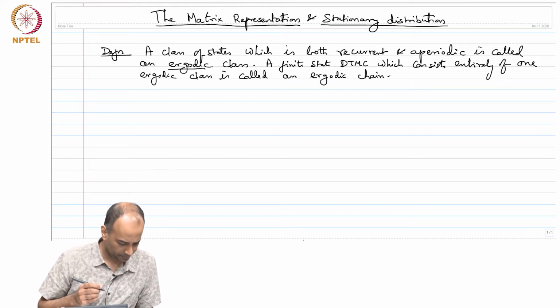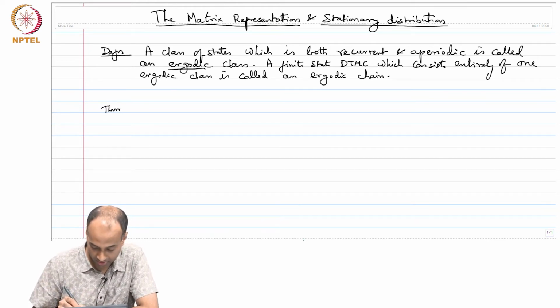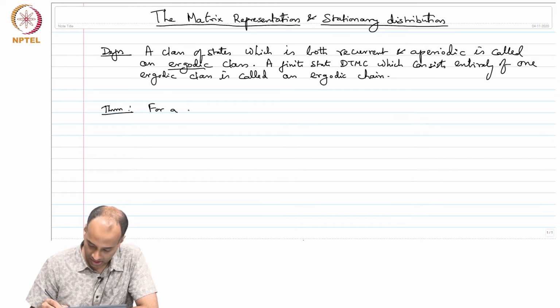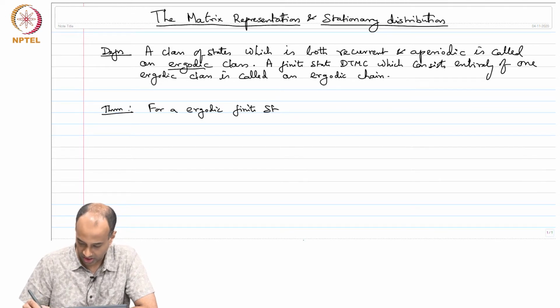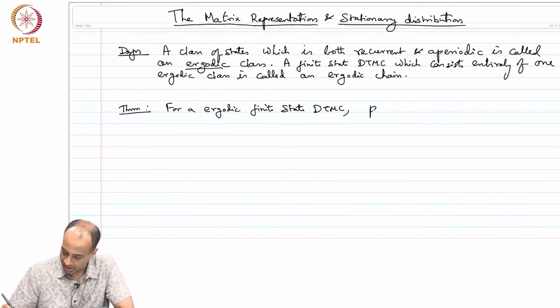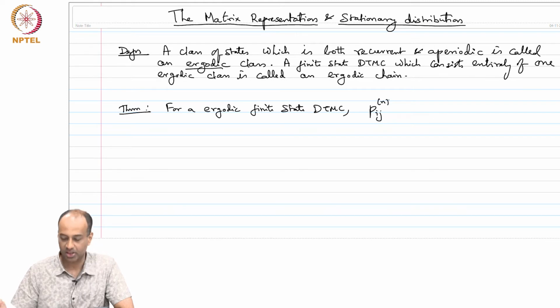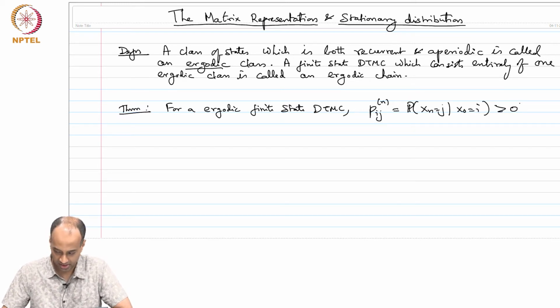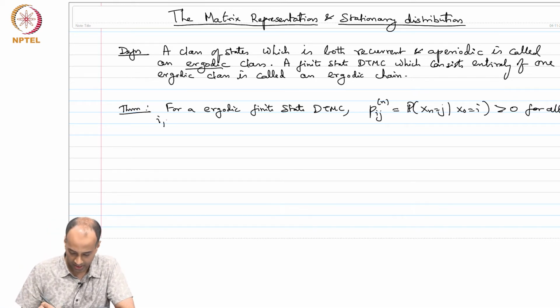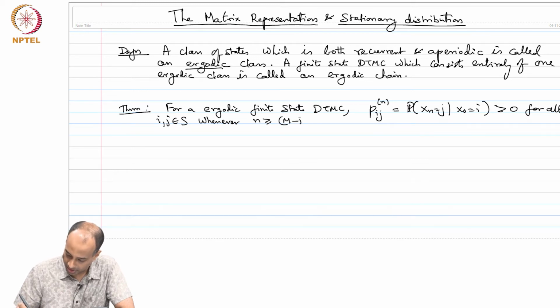All right. There's also another theorem I want to state, which I probably should have done yesterday in the last module: for an ergodic finite state DTMC, P_ij^n, the n-step transition probability, which if you recall is the probability that X_n is equal to j given X_0 equals i, is strictly greater than 0 for all i and j in the state space whenever n is greater than or equal to (M minus 1) whole squared plus 1.